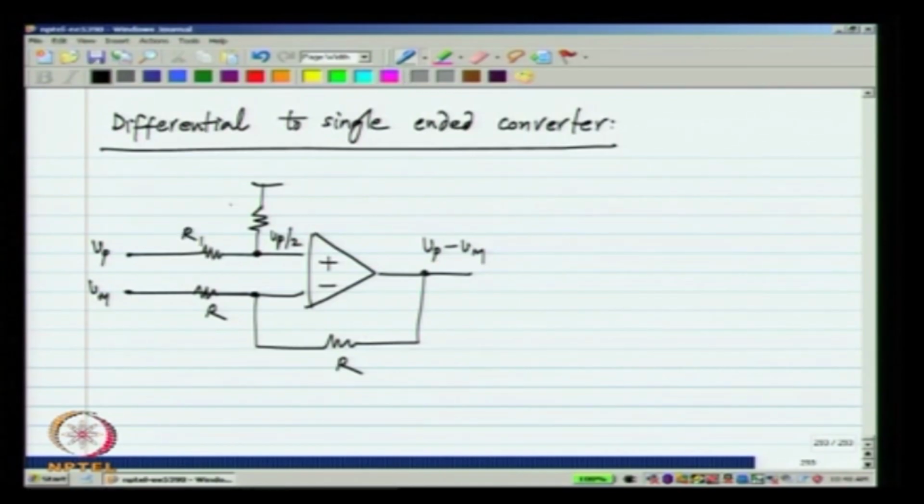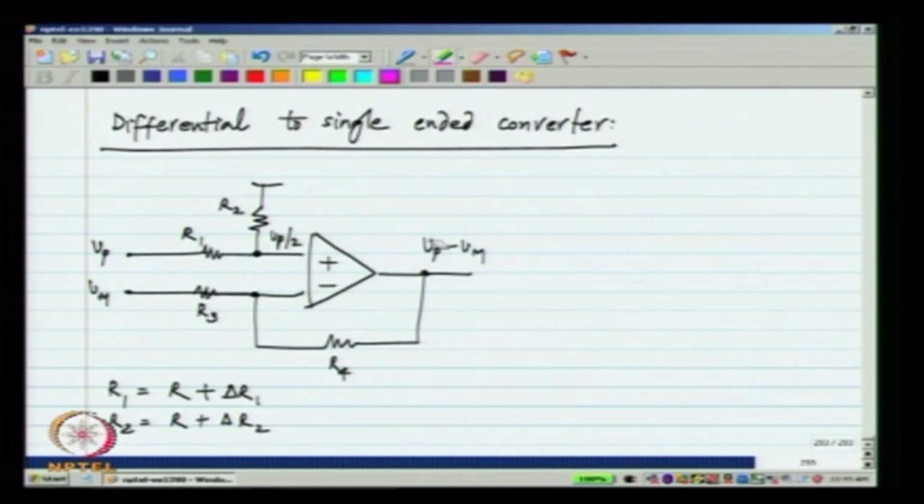So, this will be R1, R2, and this will be R3 and R4. Of course, nominally all of them equal R, but in reality there will be some difference. R2 is R plus delta R2 and so on.